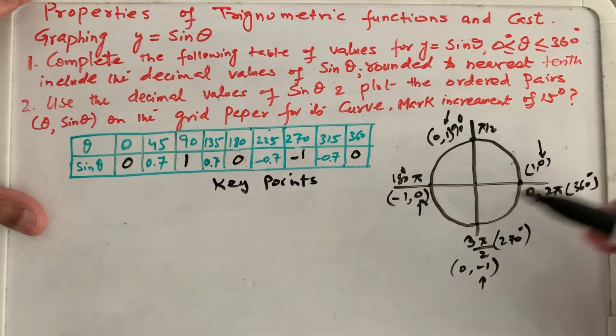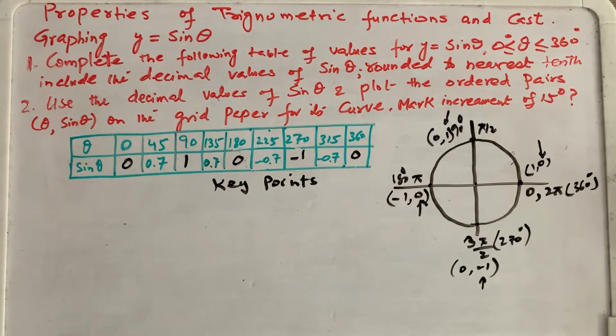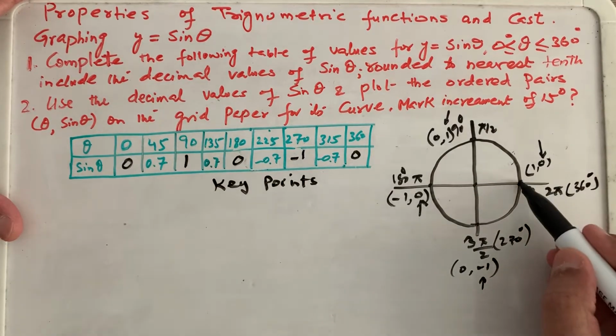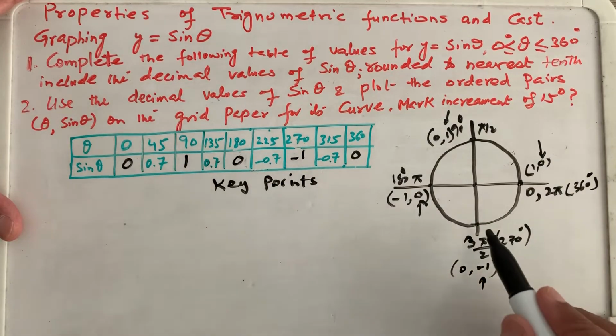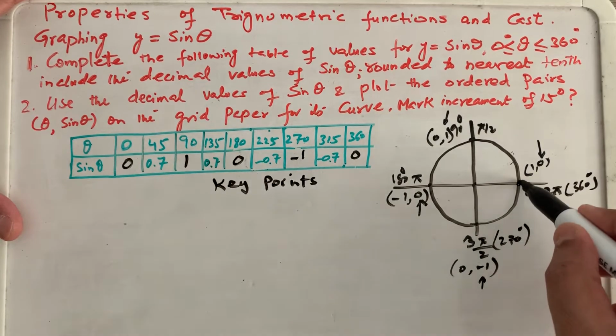So this is called the unit circle. The unit circle in trigonometry is a circle with a radius of 1 and center at 0, 0. Center at 0, 0 is a must to say. So we have the coordinates 1, 0, 0, 1, minus 1, 0 and 0, minus 1, and here again we have 1, 0.